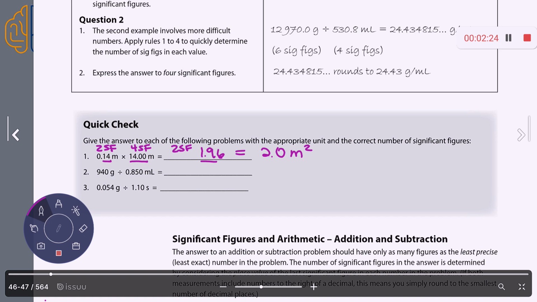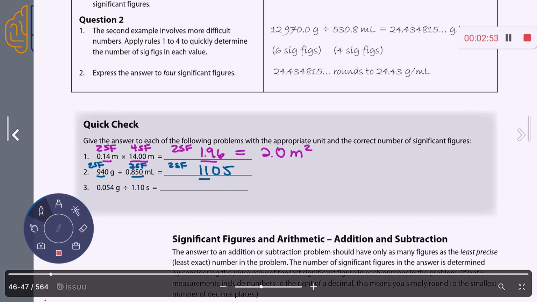For number 2, how many sig figs are in 940? 2. How many are in 0.850? 3, exactly, because the trailing zero counts because there's a decimal somewhere. So that means I want to have 2 significant figures in my answer. So 940 divided by 0.850 is going to be 1105. I'm going to underline the 11.